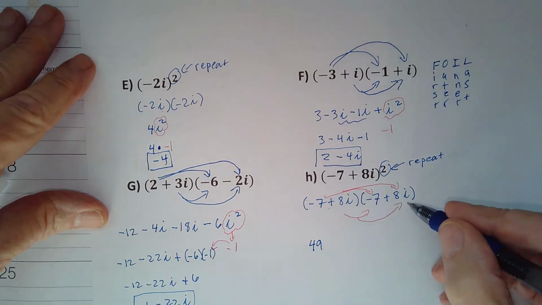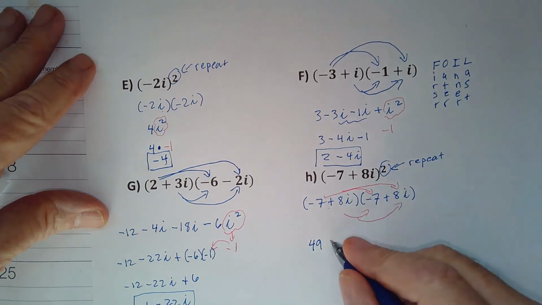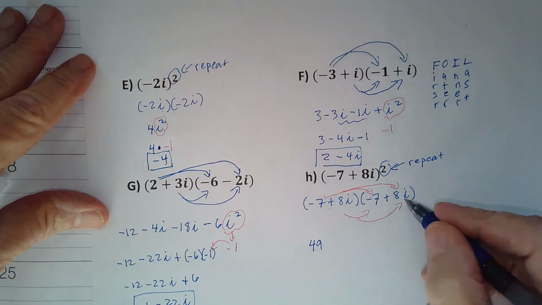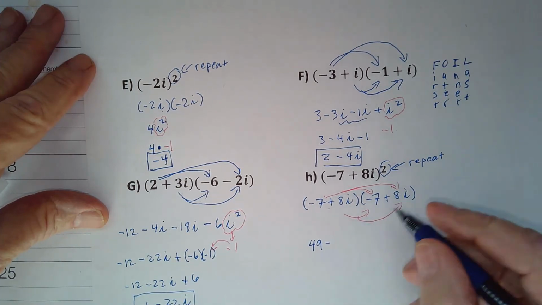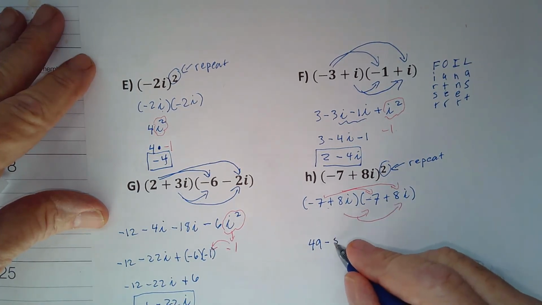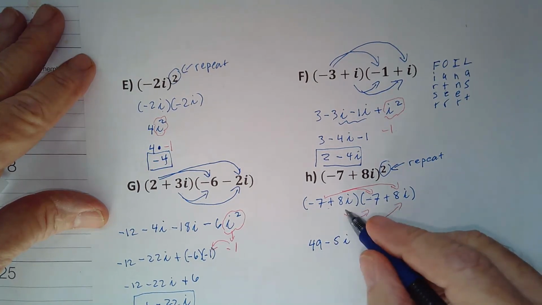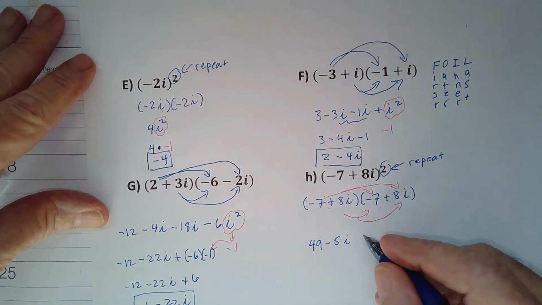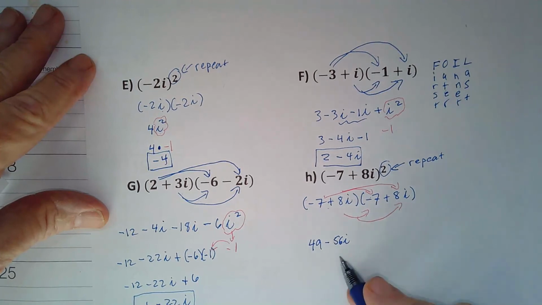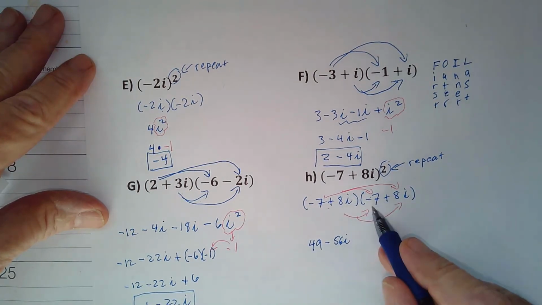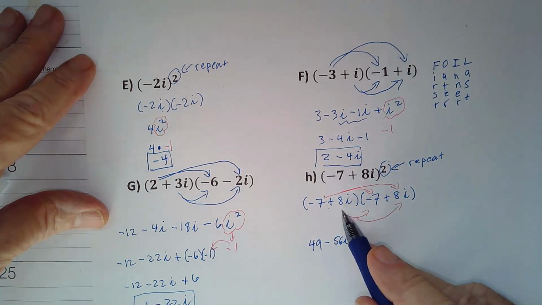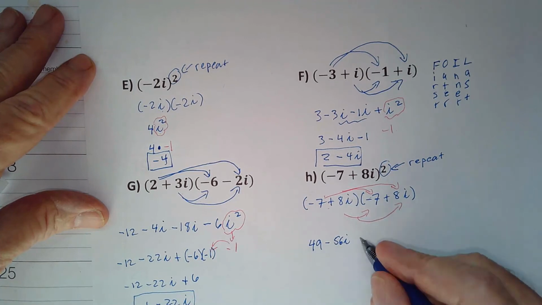Negative 7 times positive 8i, is that positive? No, positive times the negative is negative. Got to watch that. Negative 56i. Oops, I almost didn't write negative 56. I only wrote the negative 5. Okay, and then this next term, inner to inner, 8i times negative 7. 8 times negative 7 is negative 56, and then we have the i coming along.